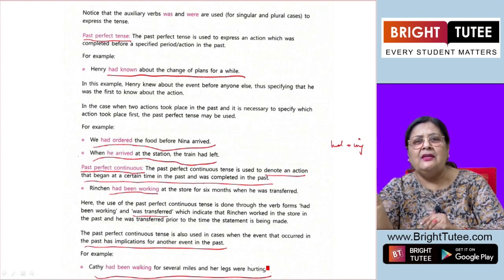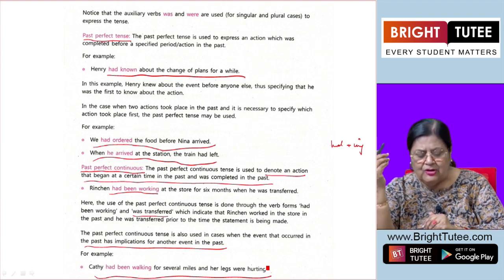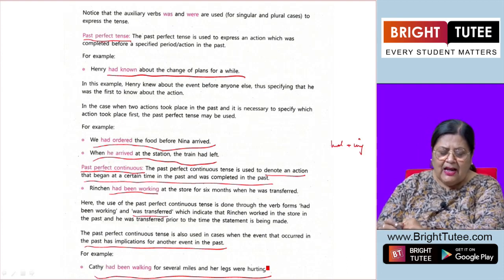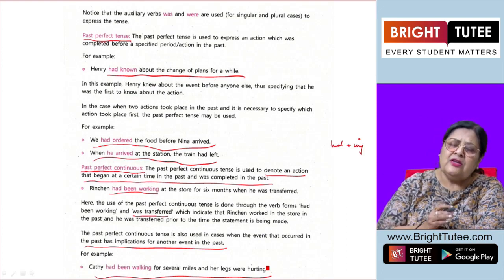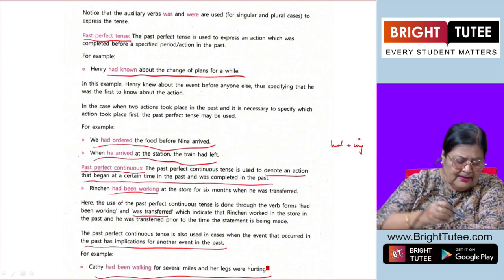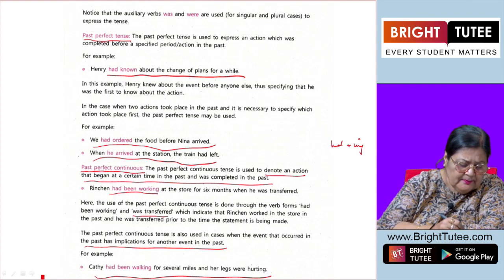He had been working in the hotel management department for the last 20 years. So this kind of sentence, he had been working, she had been walking. This is where the action has already started and it has ended. So let us come to the next page.